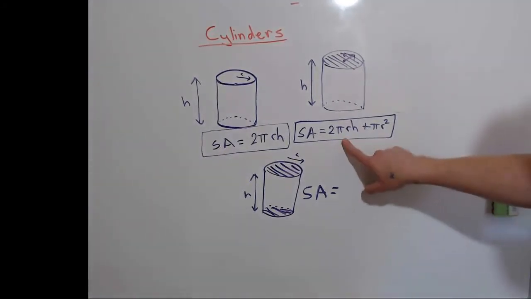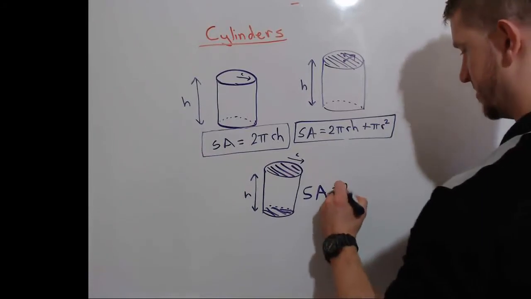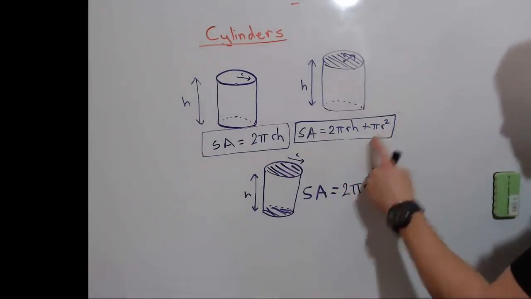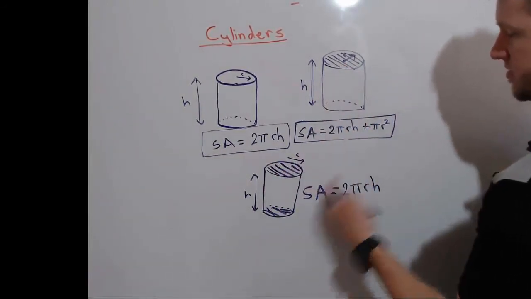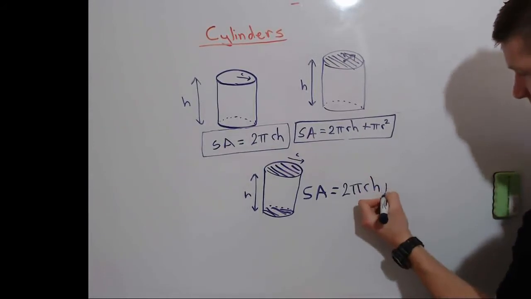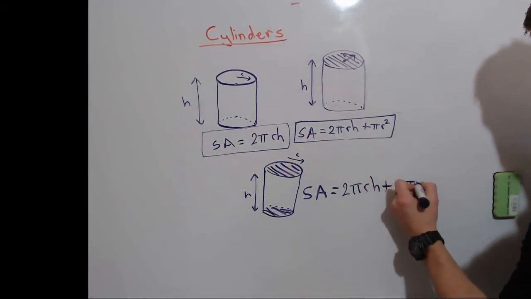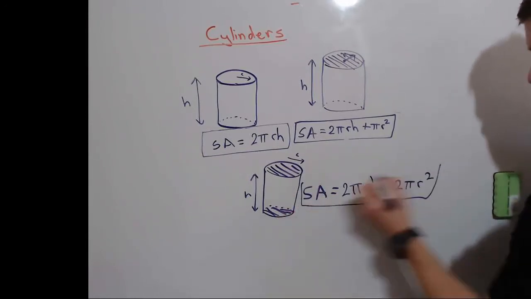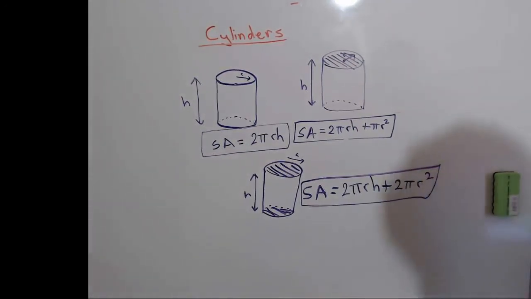So I've still got this. 2 pi r times height is this main body section. So I can just straight away write that down. And a pi r squared is the area of a top. But now I've got two of them, so I would just have another two lots of pi r squared. And that is the surface area for a cylinder with two lids, a top and a bottom.